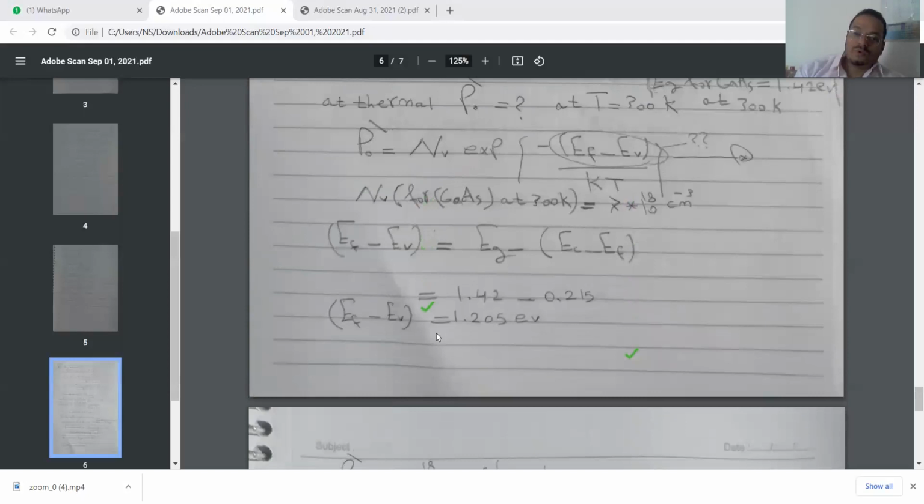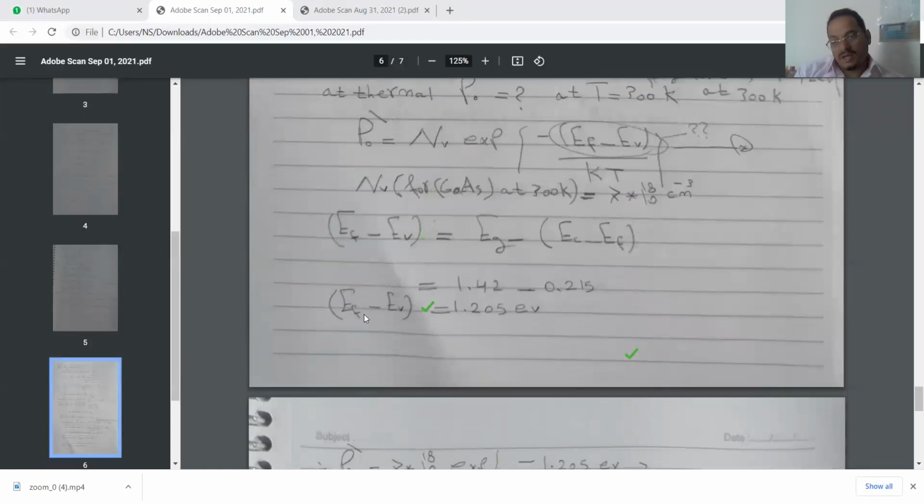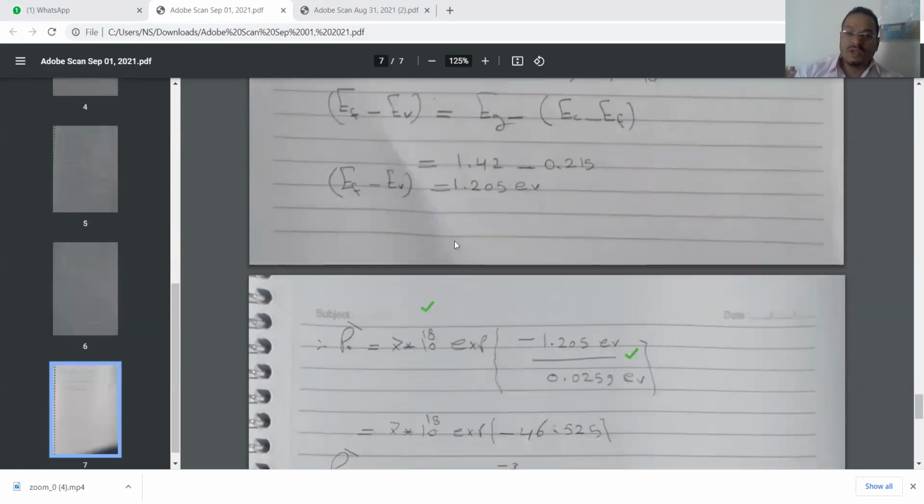Now, when we found it, the result for this bracket, Fermi level minus valence band, equals 1.255 electron volts. We can calculate this result because now we know NV, the effective density at the valence band at room temperature, which we calculated before.